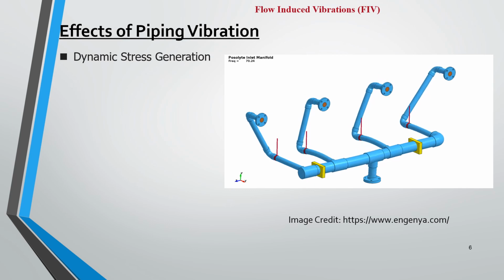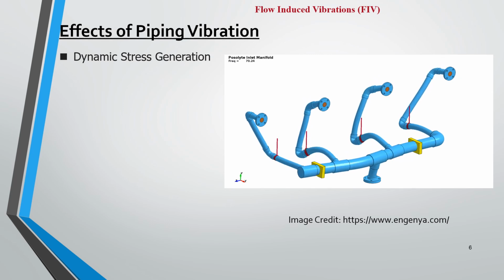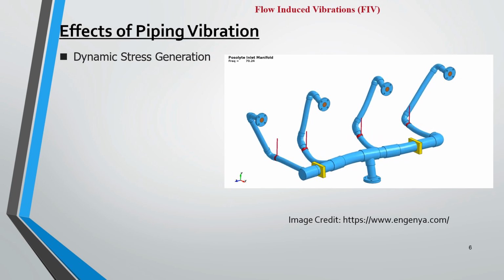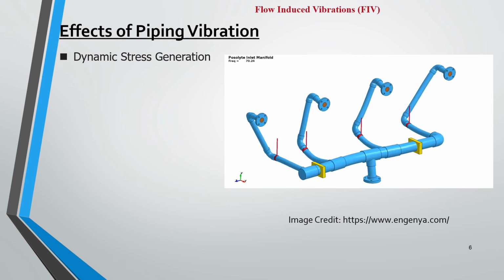So if this stress is not controlled, then when it reaches some critical value, it may initiate cracks that may propagate slowly, and finally it will result in a fatigue failure of the item. The more fatigue sensitive places are the weld point connections where the branch and header are joined together.